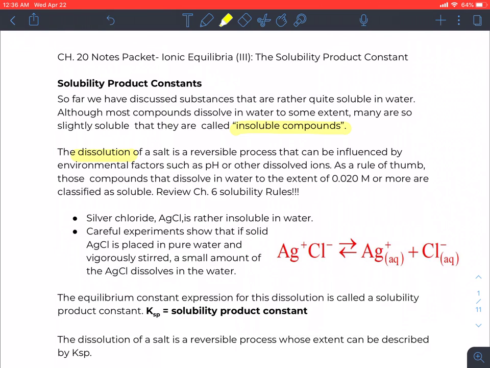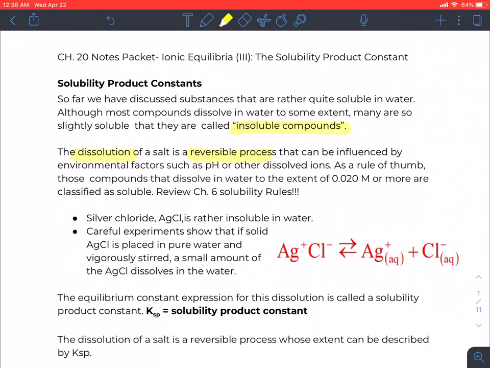You've probably seen that little experiment in middle school or elementary where you leave a cup of salt water out all day long, the water evaporates, and by the end of the day you have white crystals at the bottom. So dissolution of a salt is a reversible process that can be influenced by environmental factors such as pH or other dissolved ions.